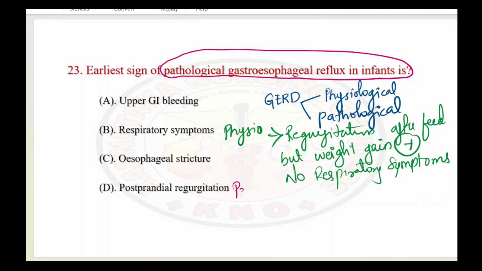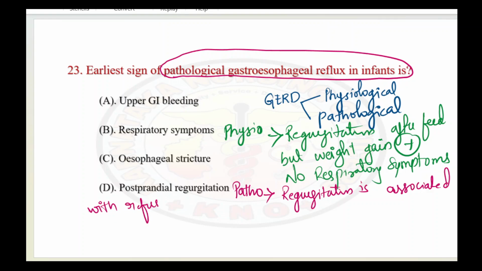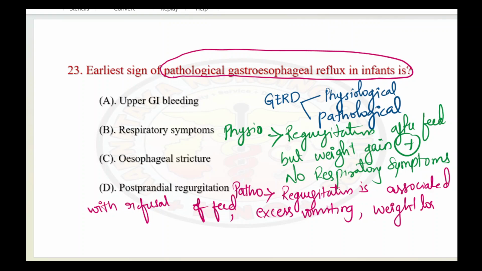Next, we will take pathological GERD. In pathological GERD, you are going to see regurgitation is associated with refusal of feed. So, excess vomiting will be there. Weight loss will be there. Failure to thrive will be there.